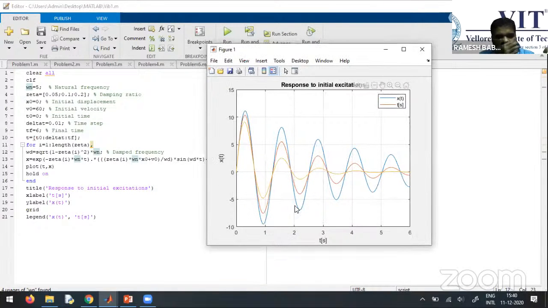So like this, we get x(t) versus t(s) for 3 different values. Is it clear, all of you?